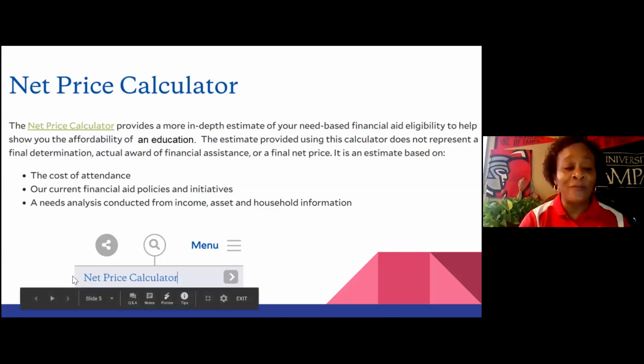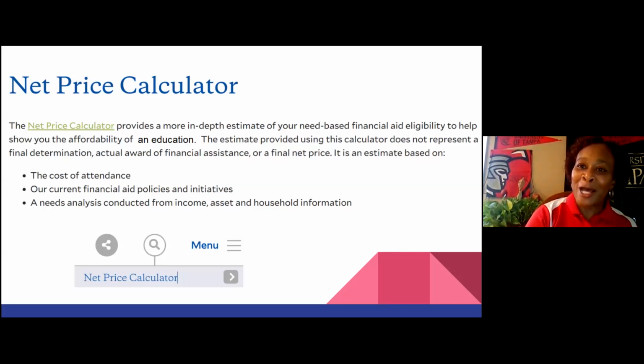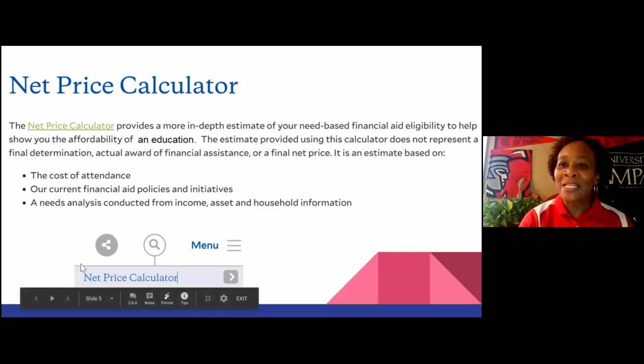Depending on your family financial situation, the estimate generated by the net price calculator may or may not encourage students to apply for early decision at some colleges. But if you don't know about early decision, it is binding.